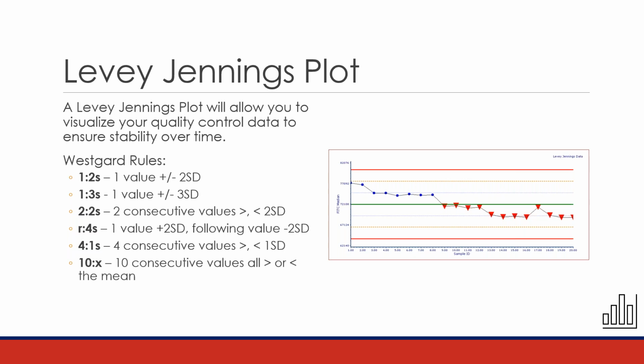The Levey Jennings plot displays a running average of data, and then establishes 1SD, 2SD, and 3SD ranges based off of that average. Using these Westgard rules, we can determine whether the data points being analyzed meet any of those rules and whether they're in control or out of control.